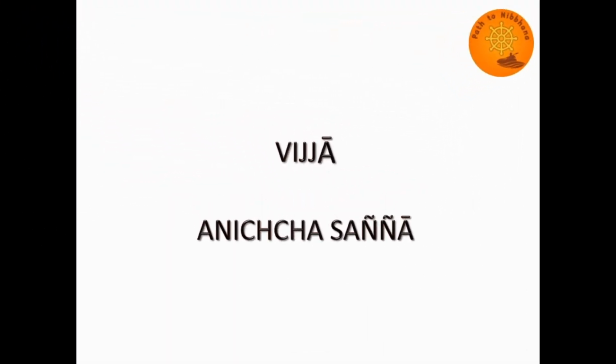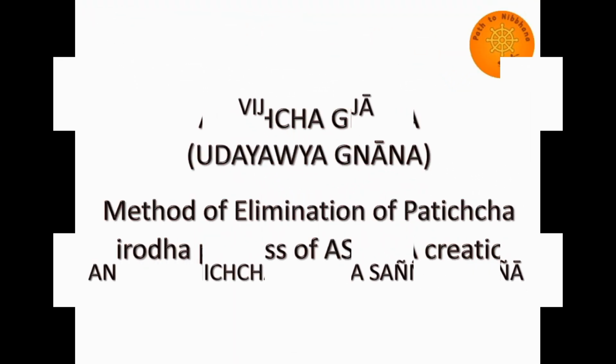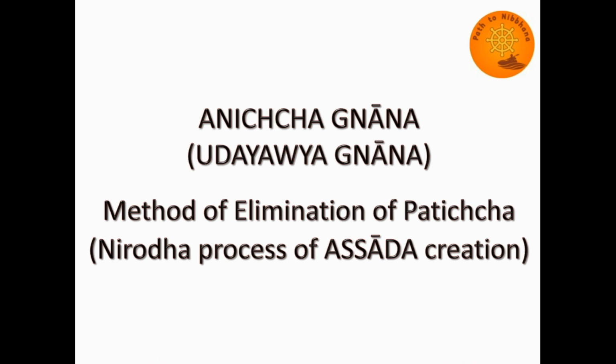So in order to get to Vijja, what you need to do is Anicca Sanya. Right? That is why it's been explained so many times. Anicca Sanya is also, you can say, Udayavya Jnana. Let's get to Udayavya Jnana.